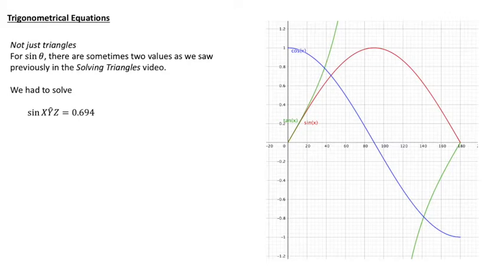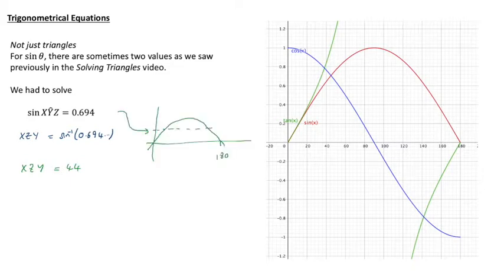For sine theta sometimes we get two values, and we saw that in the solving triangles video. We had to solve sine of this angle xyz is 0.694, and first of all we found sine to the minus 1 of 0.694, which gave us 44 degrees, but then we looked at the fact that the sine curve goes up and then down again down to 180, which means that this value of 0.694 hits the graph in two places.